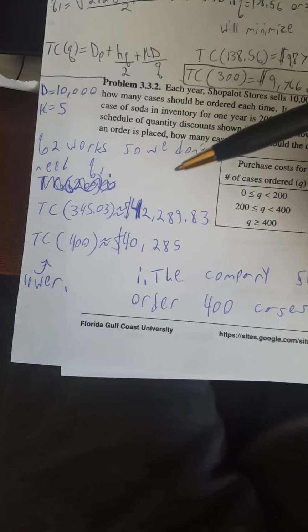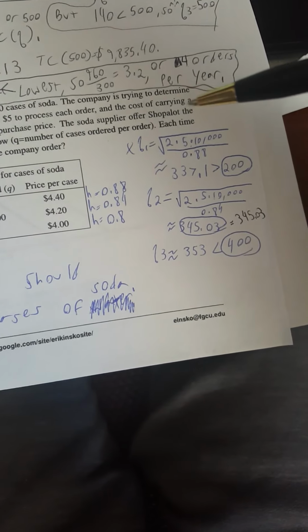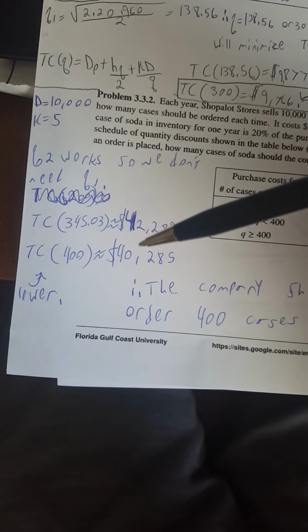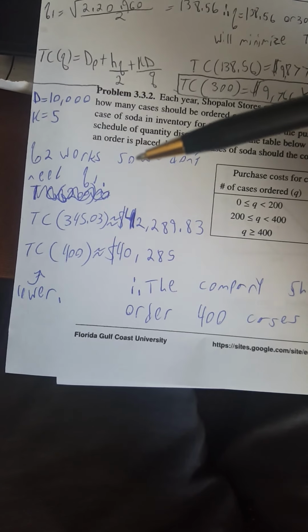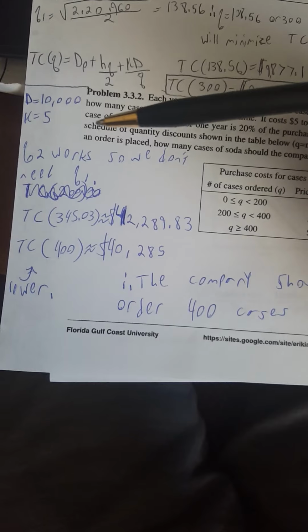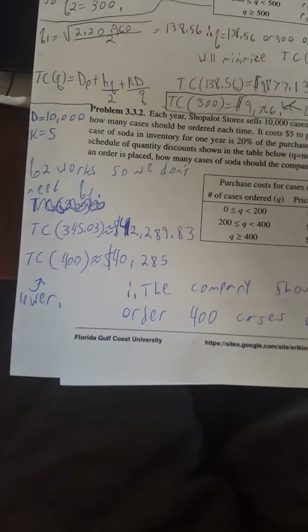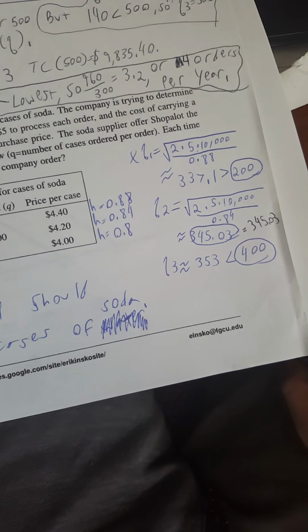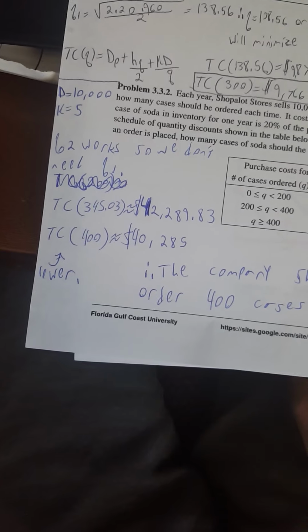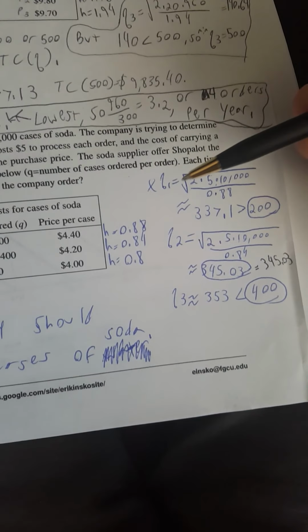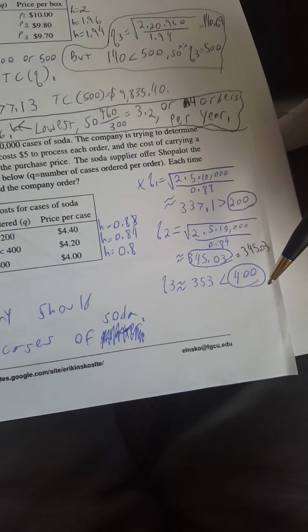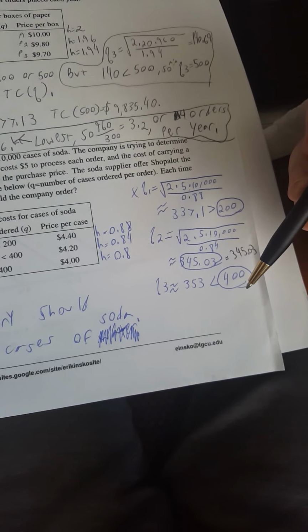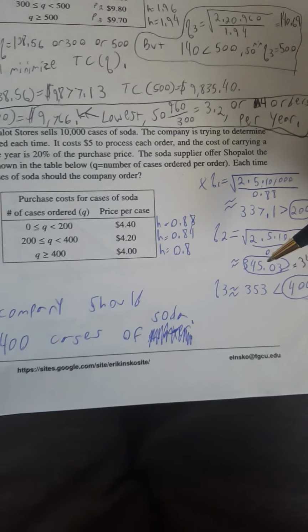Where did I plug in 200? Q2 works, so we don't need Q1. So I guess we're just comparing Q2 and Q3 because we're trying to order more?